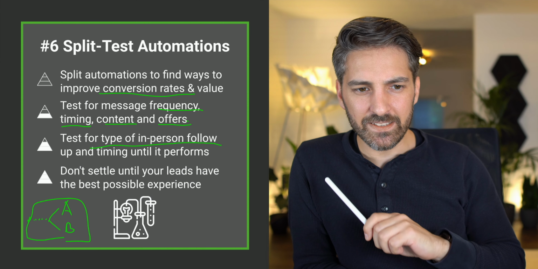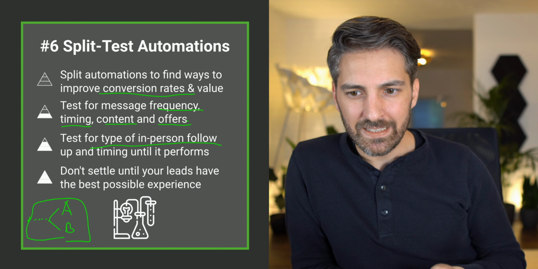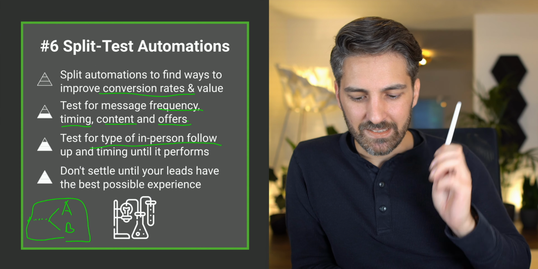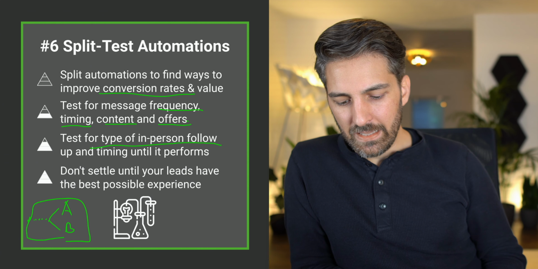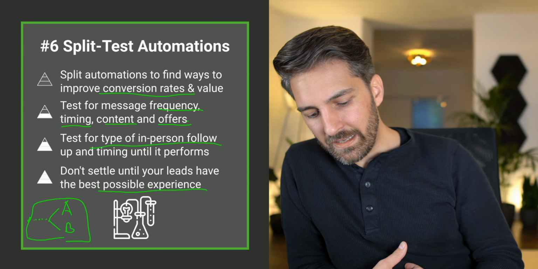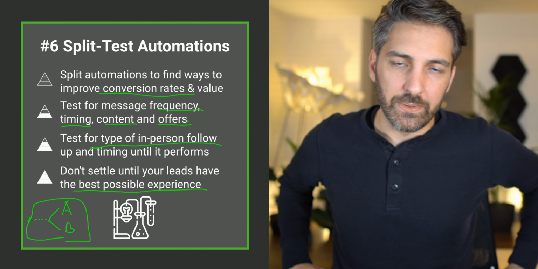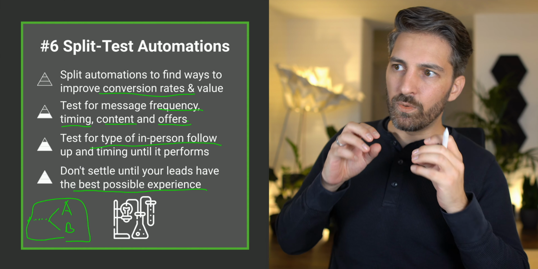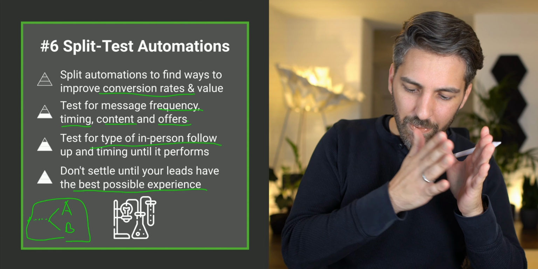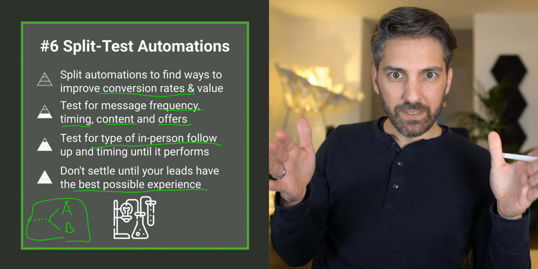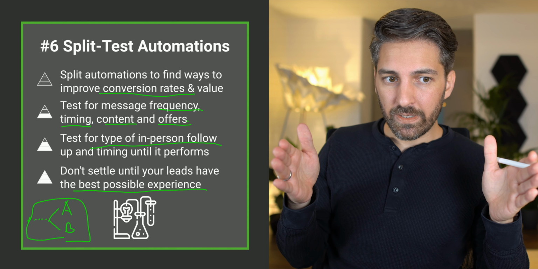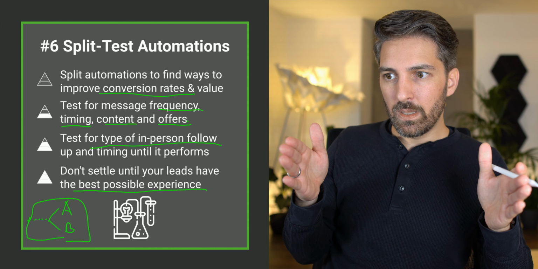And since this is probably your most time-consuming thing that is triggered by the automation, you want to be testing that. And then don't settle until you have the best possible experience. I already talked about this with the Evergreen funnel. There is an optimal experience to get to know you, to become a loyal customer, and every step in between.